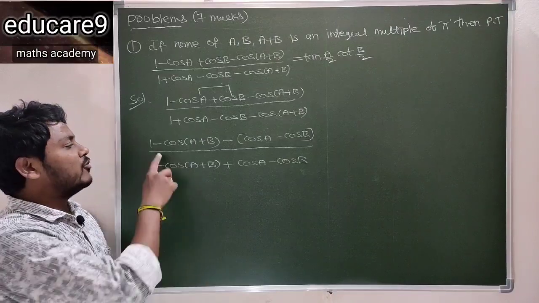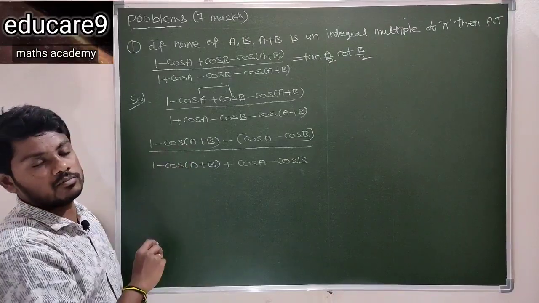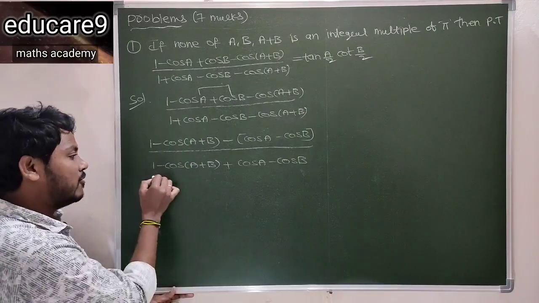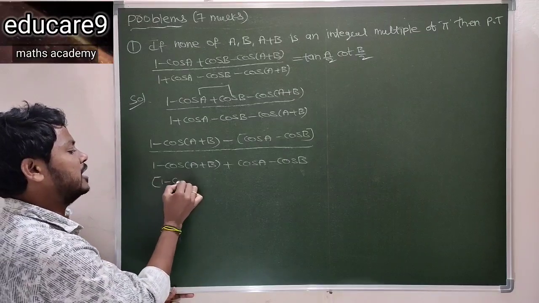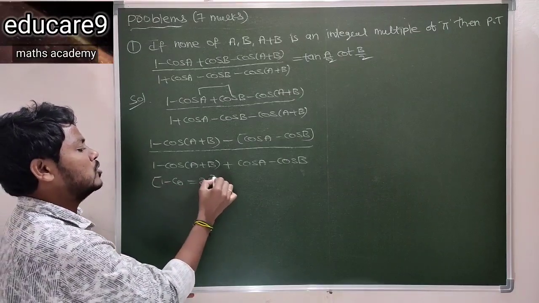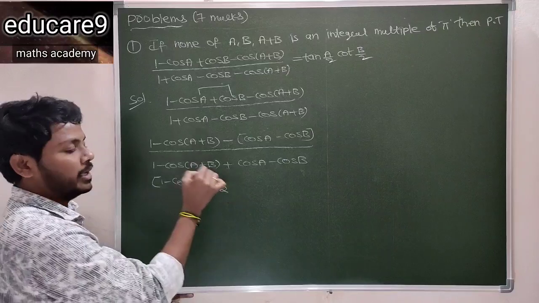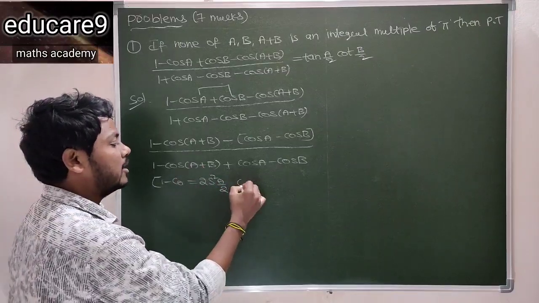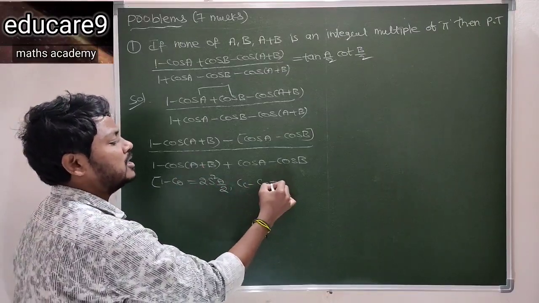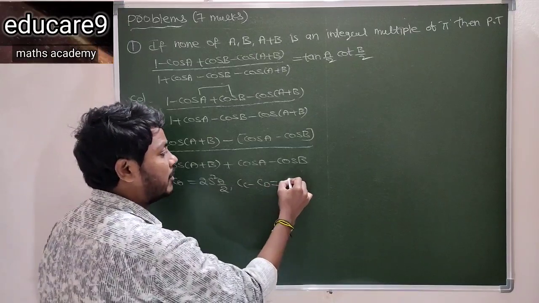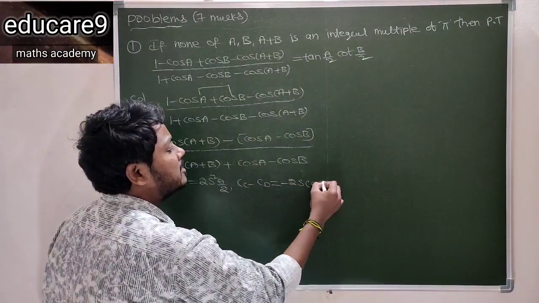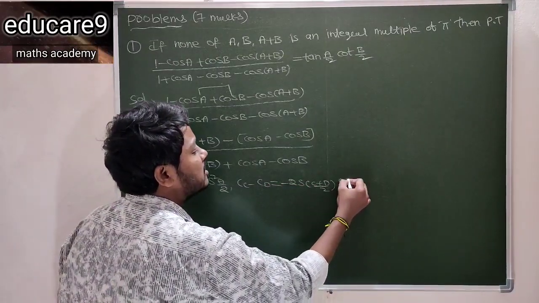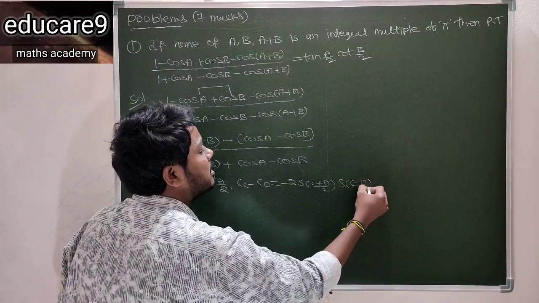Now you know the 1 minus cos theta formula. See here, 1 minus cos theta formula is 2 sin square theta by 2. Next one, cos C minus cos D formula, you will get minus 2 sin (C plus D)/2 sin (C minus D)/2.